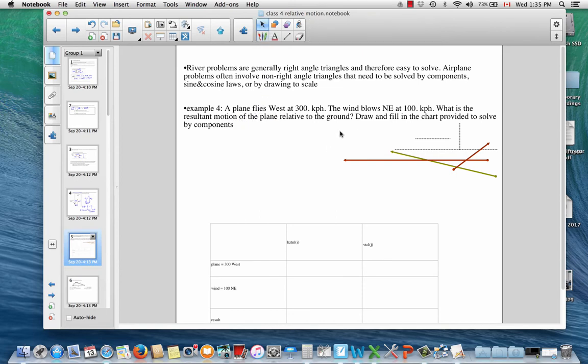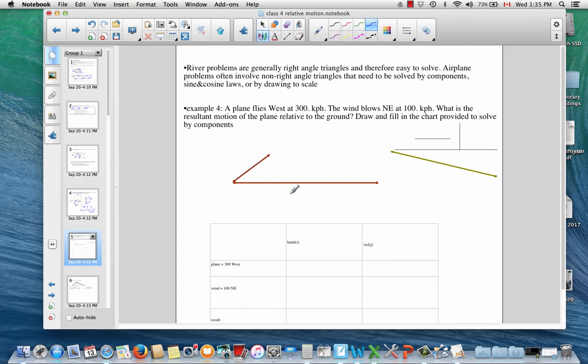So let's first draw that diagram. Okay, so we have a plane. Here's our plane vector going at 300 kilometers per hour to the west. Then there's a wind vector that we're going to add to that. So we'll add the wind motion to the plane motion to get the resultant motion. So plane plus wind will equal result.